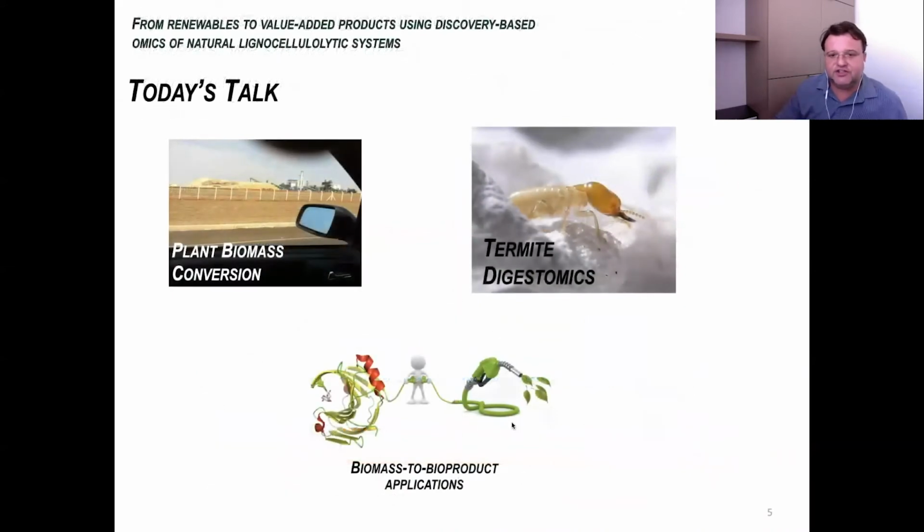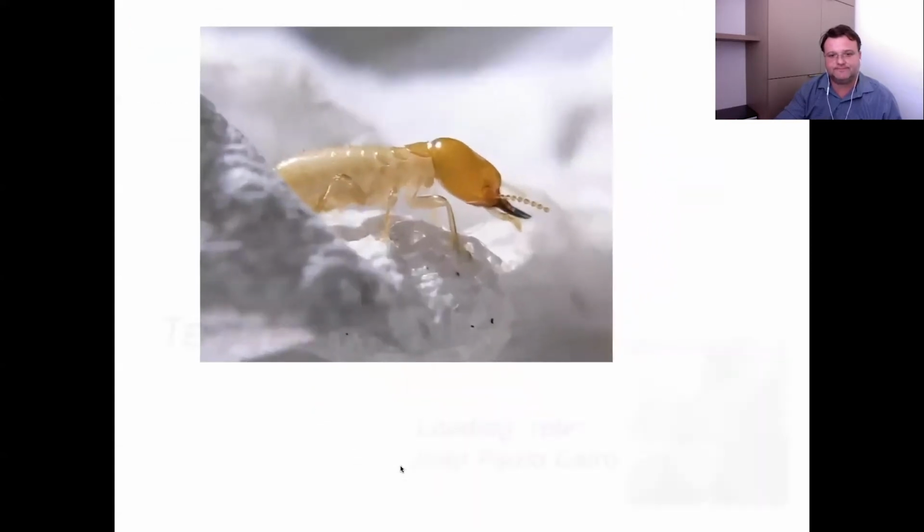After this short introduction, now I show the main topics of my presentation. Today I will tell some of our experience on studying the biocatalytic degradation system of the termite, which we call digestomics, and how we apply this knowledge to biomass to bioproducts applications.